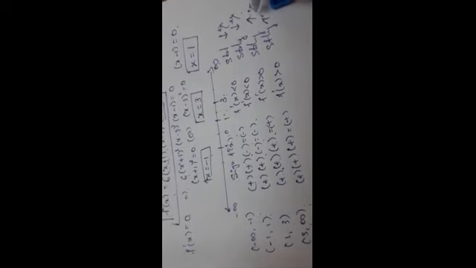So in which intervals are the functions strictly increasing? The function is strictly increasing in the interval 1 to 3 union 3 to infinity, and strictly decreasing in the interval minus infinity to minus 1 union minus 1 to 1. In this interval the function is strictly decreasing. In this interval the function is strictly increasing.